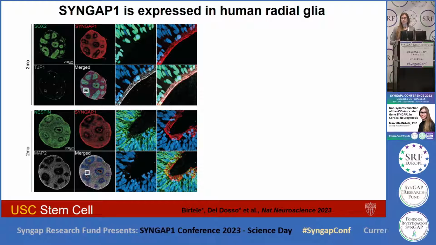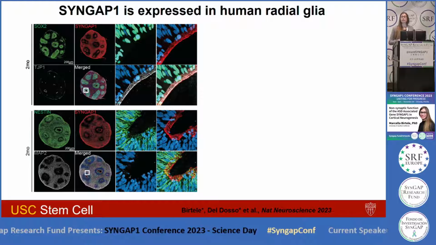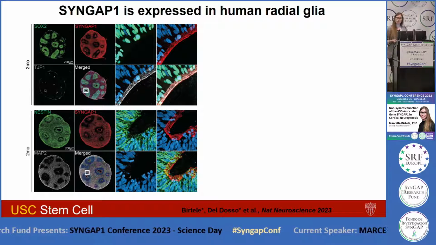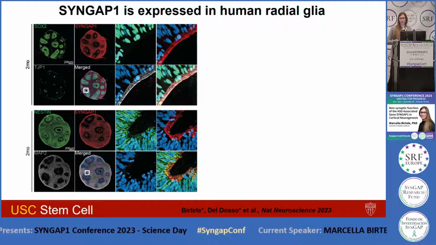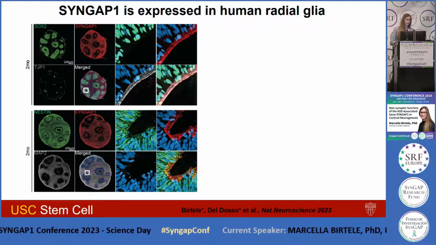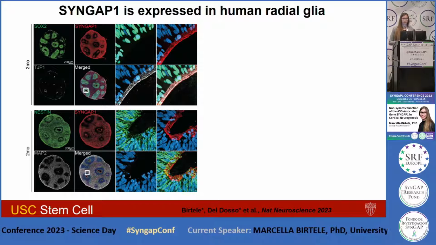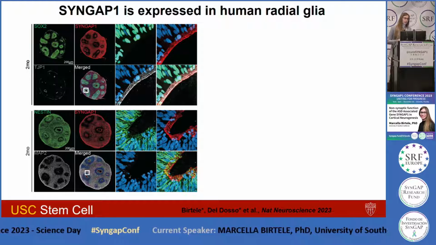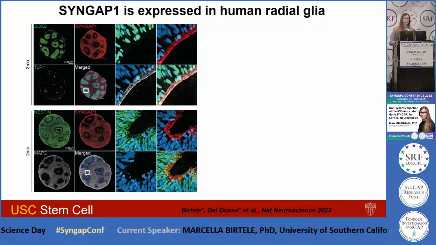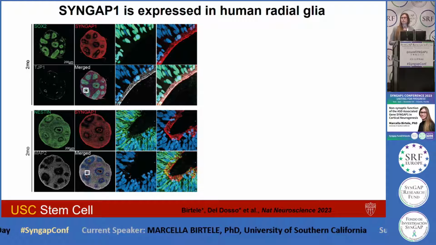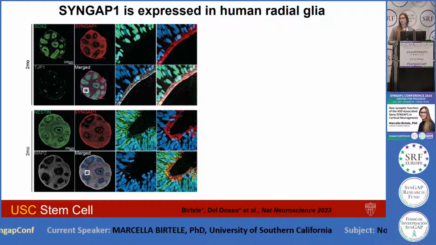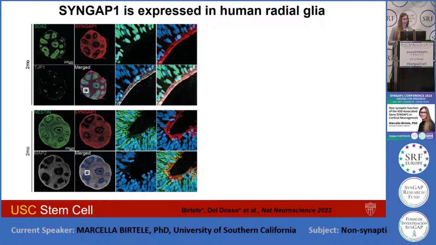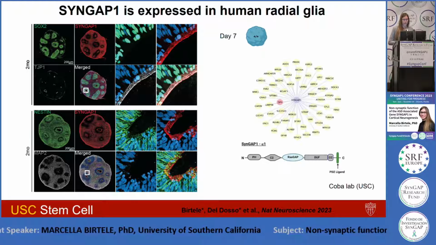So this rounded structure really mimics the neural tube that we previously saw in the fetal embryo. And so we wanted to look at the SYNGAP expression, and within these radial glia cells, here in red, we can see SYNGAP expression in the apical domain of the radial glia cells.